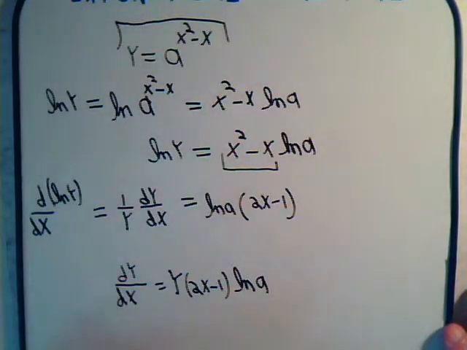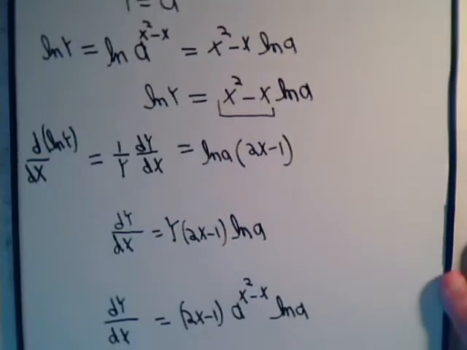So we're going to have dy/dx will equal this 2x minus 1 times a to the x squared minus x times the natural log of a.